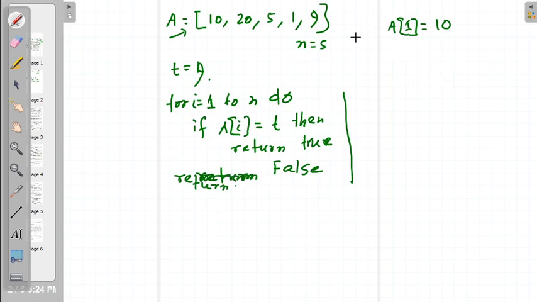So this CLRS book is assuming that, until stated otherwise, the array index will start from 1. So we will be going by that indexing. If you are familiar with 0 to n minus 1, then you can write i equals 0 to n minus 1.